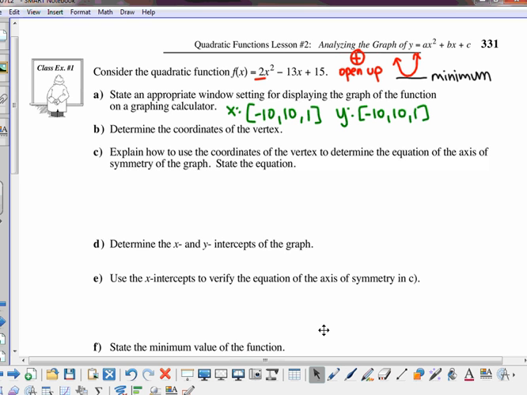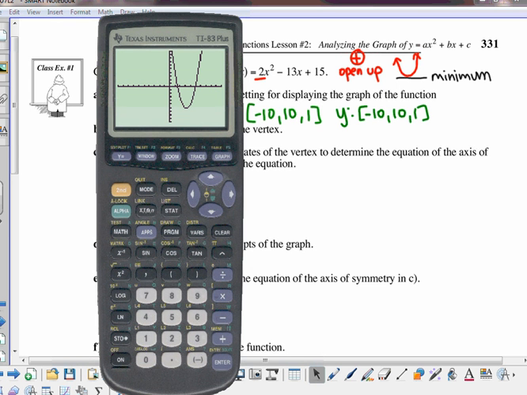So we're good to find, it says, determine the coordinates of the vertex. I want you to try that on your calculator right now. Try to find the vertex again. Second trace. So calculate. So you want the calculate button. And now you have to figure out it's a minimum. So number 3 this time.